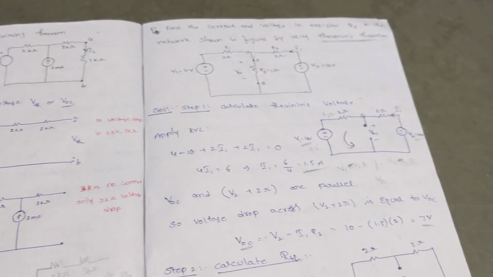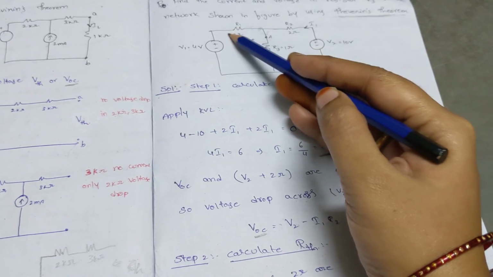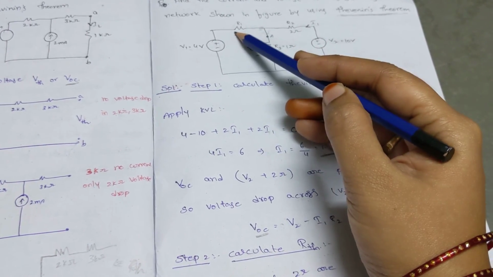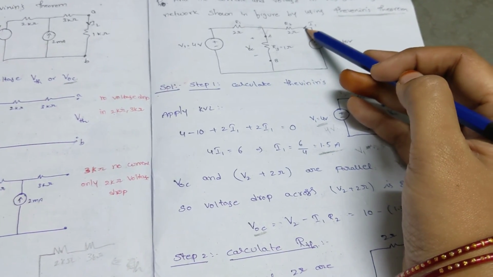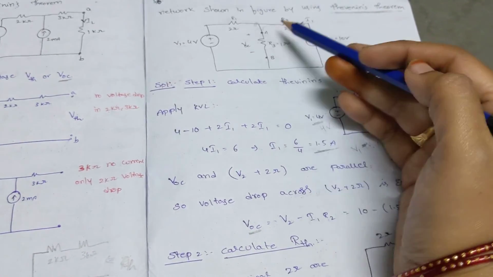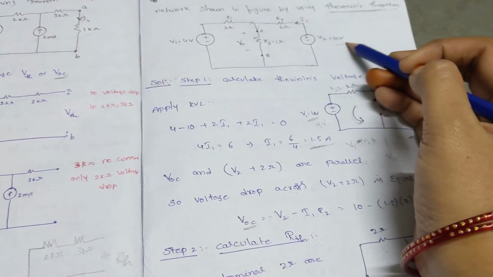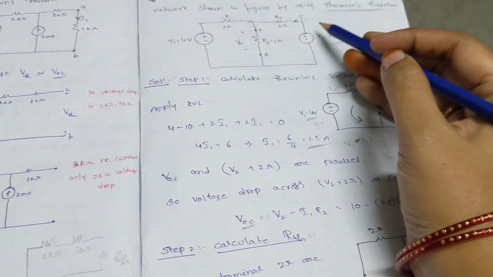Across these two terminals, through these two branches, the current is going to divide. Then the current flowing through this 2 ohm resistor is different. It will not be 1.5 amperes. It is somewhat different current. That's why I'm choosing 10 volts alone here. I'm choosing only this branch.